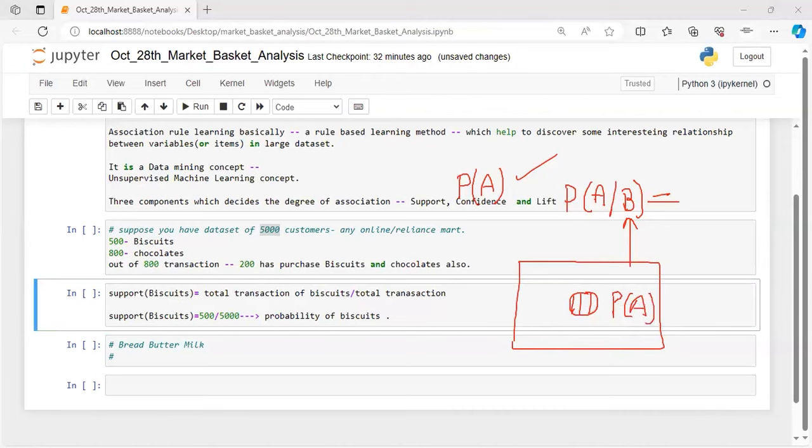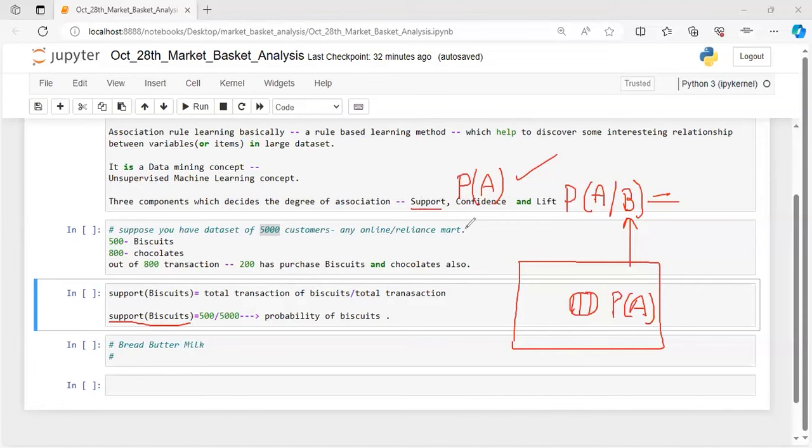This is nothing but the probability of A. So basically, we are finding the probability of an item. Similarly, this is a support factor. We have calculated the support of biscuits. The same thing you can try for the other items also.